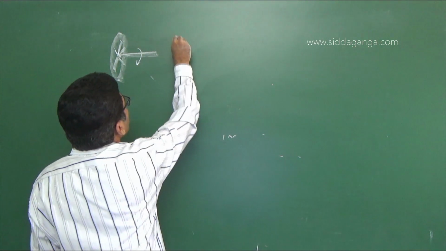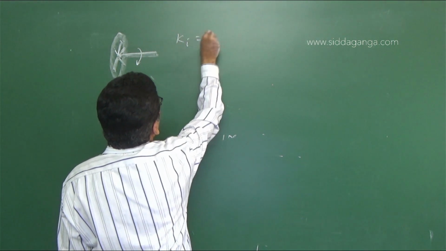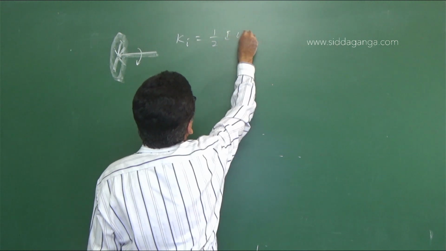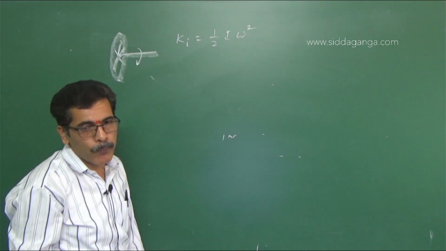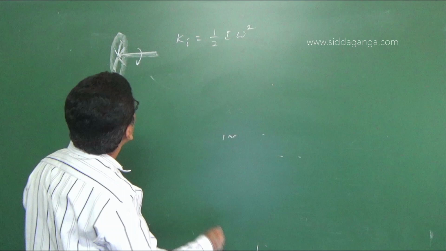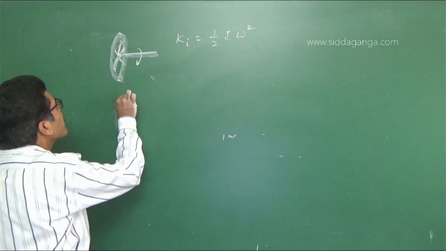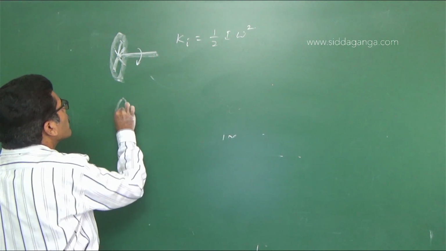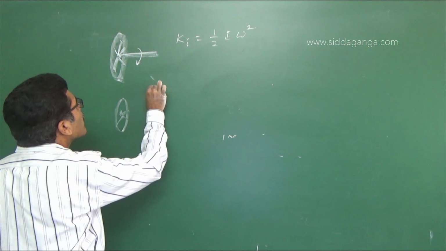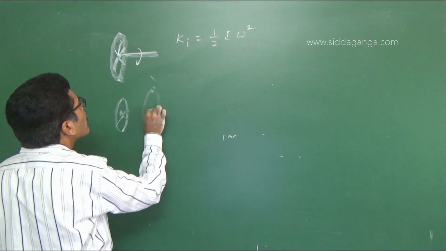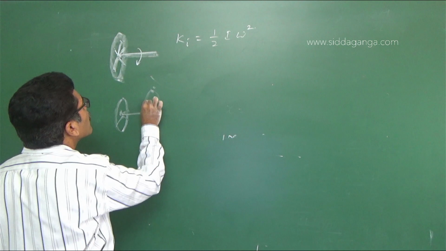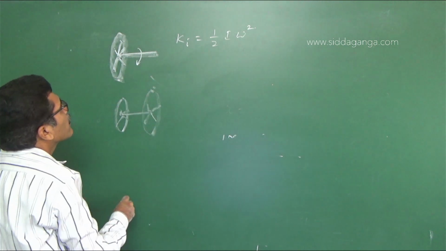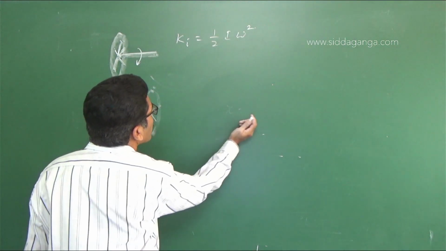And what is the kinetic energy? Ki is equal to half I omega square. Later on, another wheel is coupled to the same shaft. And what is its moment of inertia? 3I.